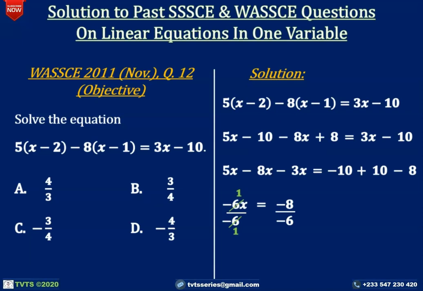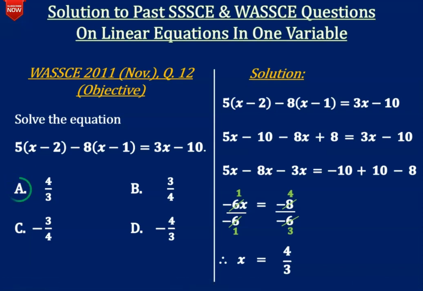And on the right hand side, negative gets rid of negative. 2 into 6 is 3, and 2 into 8 is 4. Therefore, x is equal to 4 over 3. Hence, the correct answer is option A.